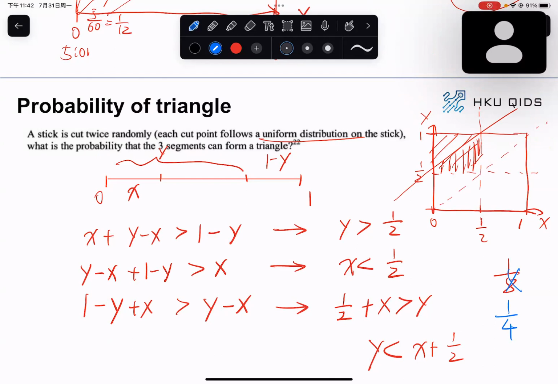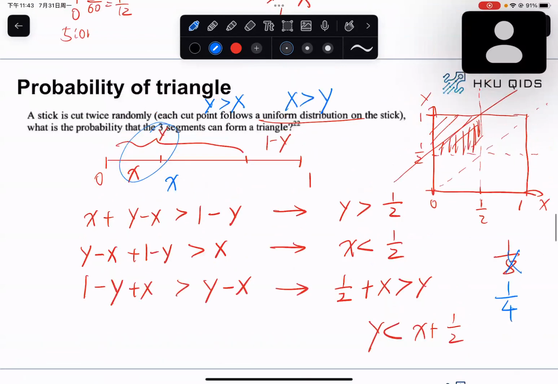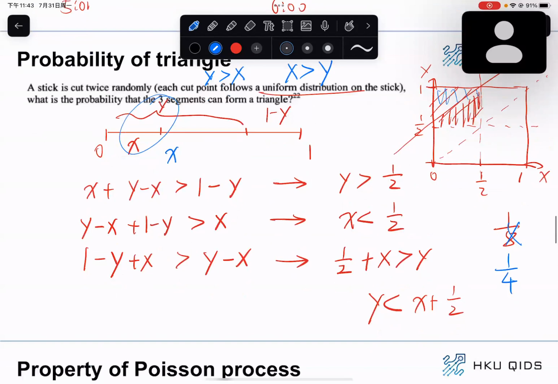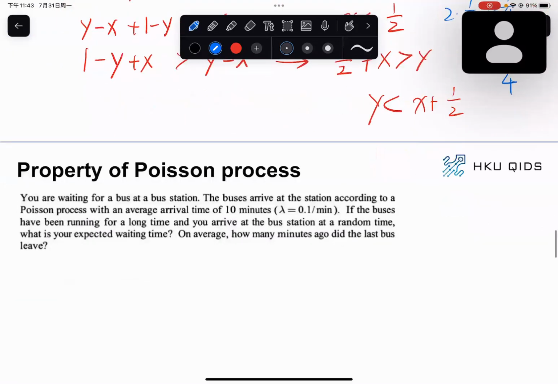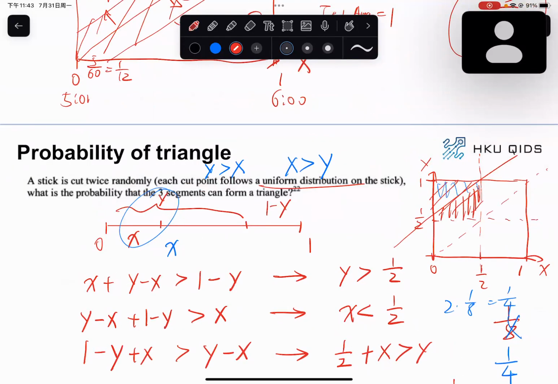The point is that I already assumed that Y is larger than X, but it can also be the case that X is larger than Y. And if that is the case, we can also have another shaded part, which is this area, okay? So we are going to have 2 multiplied by 1/8 equal to 1/4. Okay, sorry for that. So we need to be quite careful when it comes to the uniform cases. We need to do all the surrounding discussion, okay?